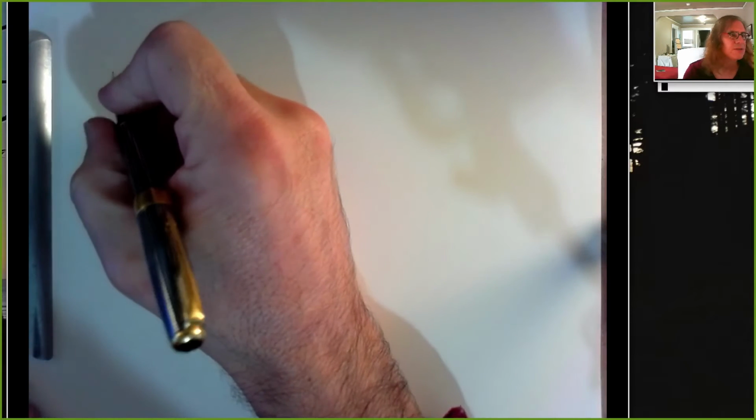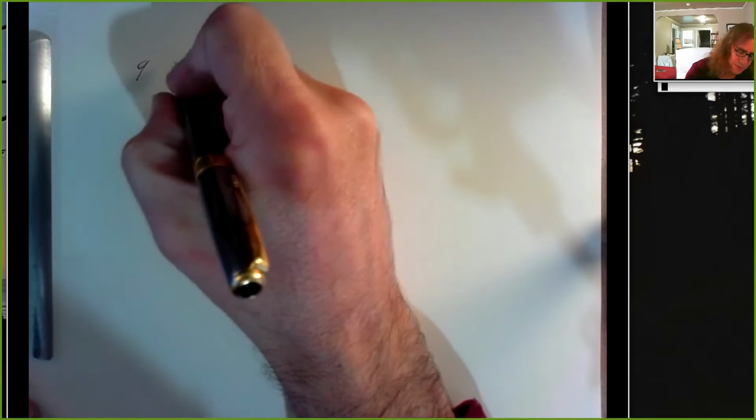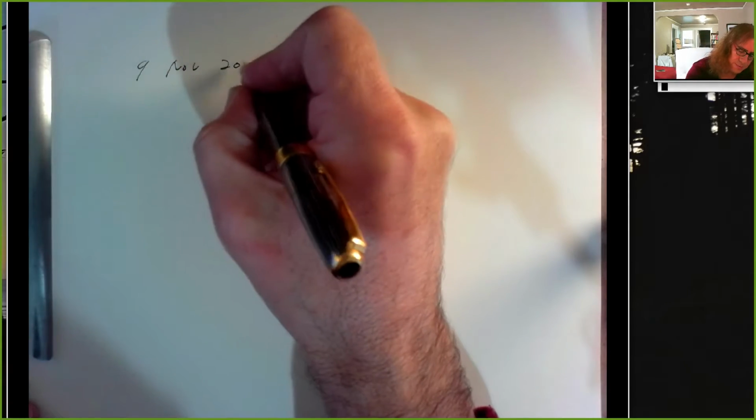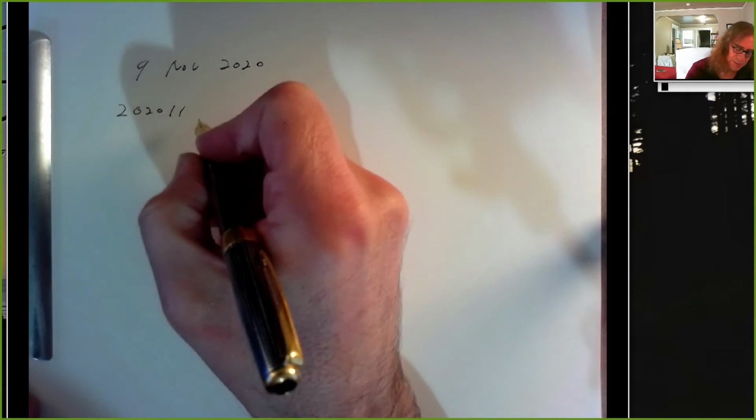Here's an idea. Take your date. So, what's today? Like 9th November. And break it into a year, a 2-digit month, leading zeros included, and a 2-digit day of the month.